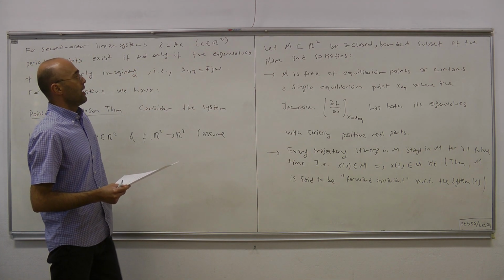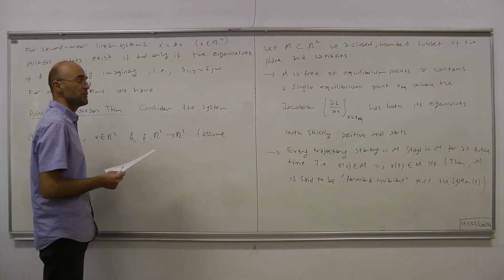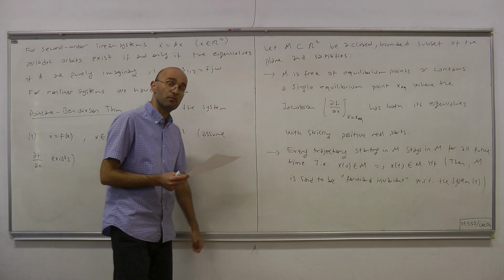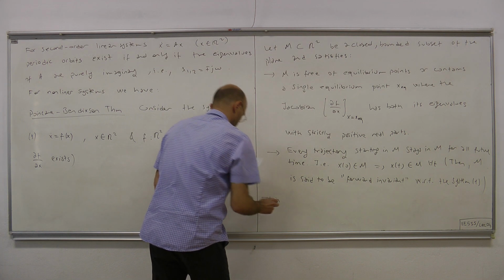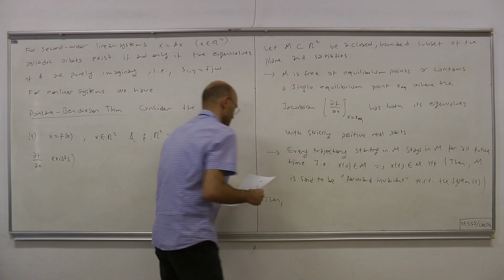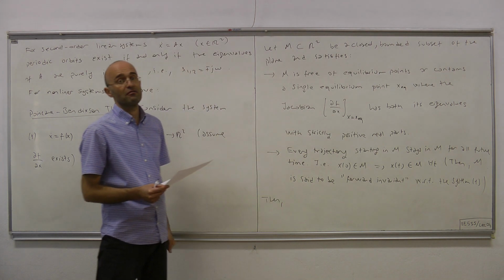Okay. And then if these two conditions are satisfied, here is the statement of the theorem. Then, it's just a simple "then." It's not "if and only if." So this is just a sufficient condition.